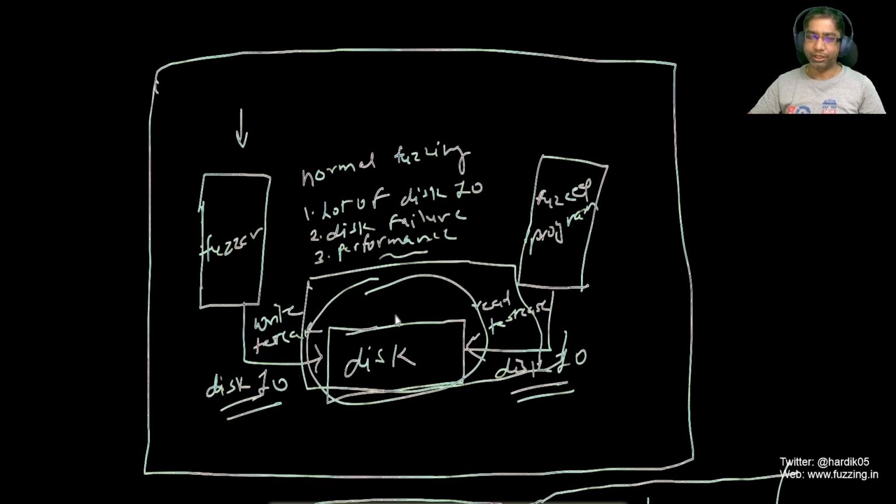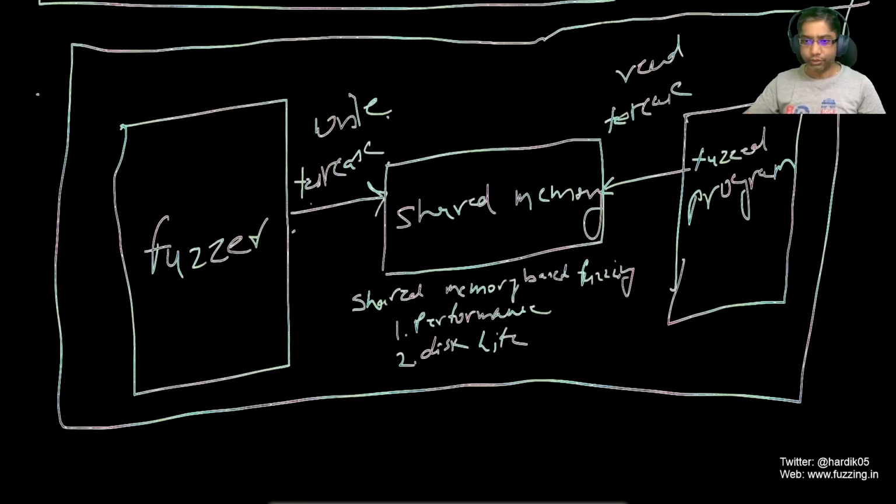So now let us see how shared memory mode works. Here you can see that we have a fuzzer, and instead of writing all the test cases to the disk, it will create one shared memory over here. This shared memory is nothing but, say, utilizing your RAM to write a test case and read the test case from there.